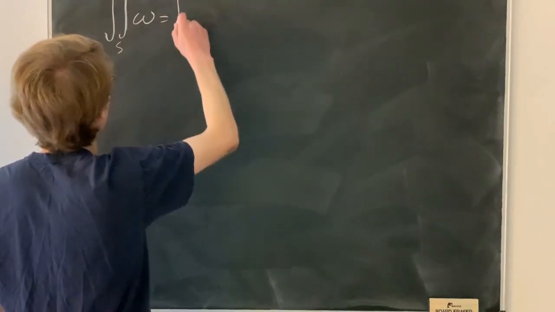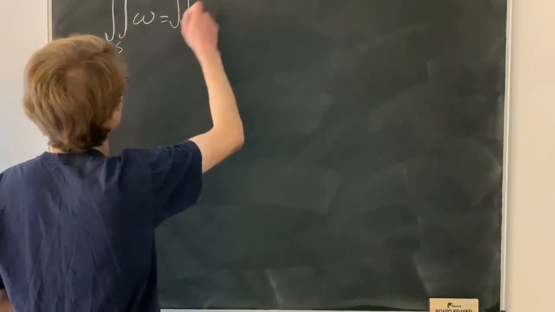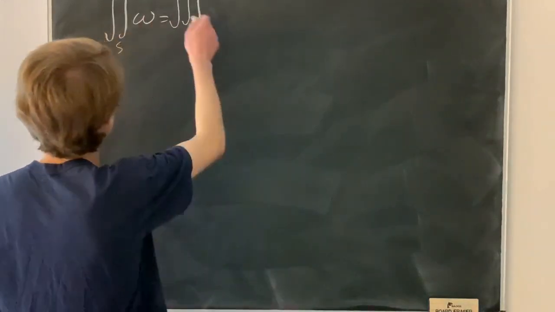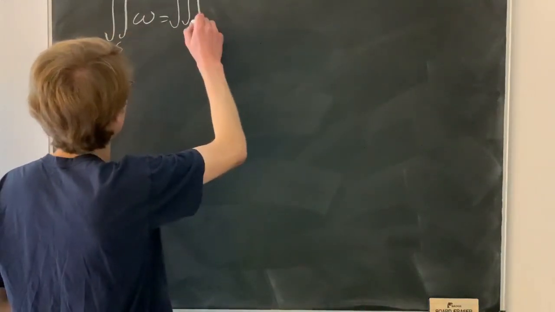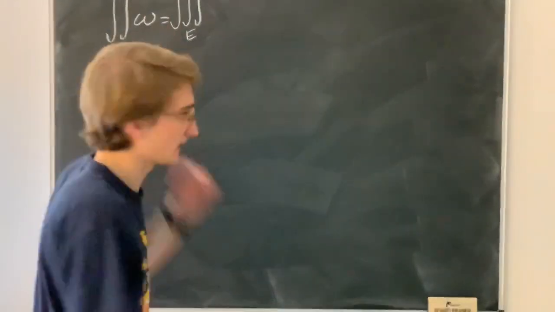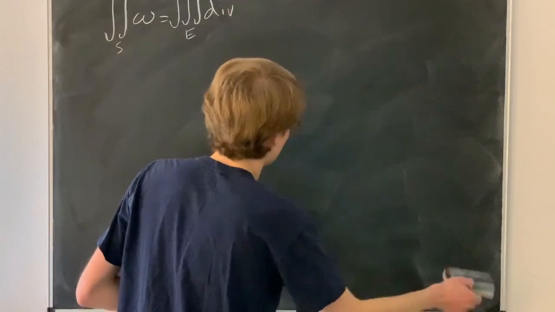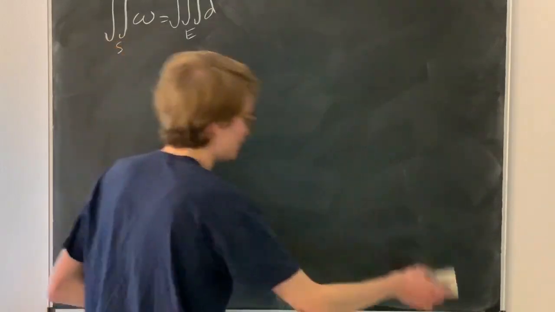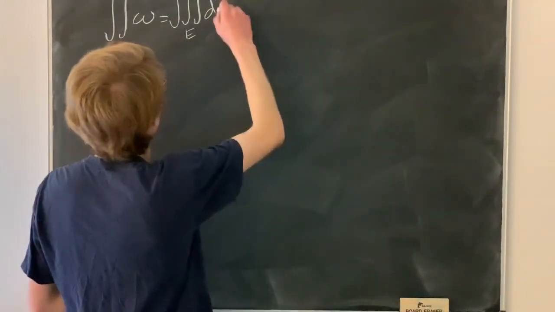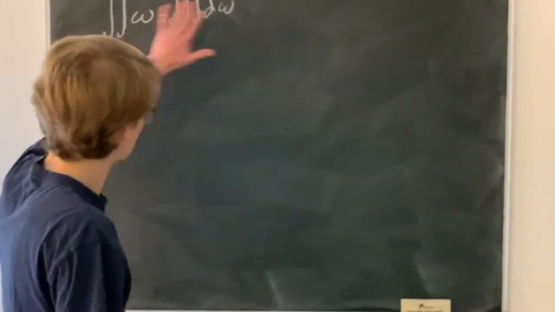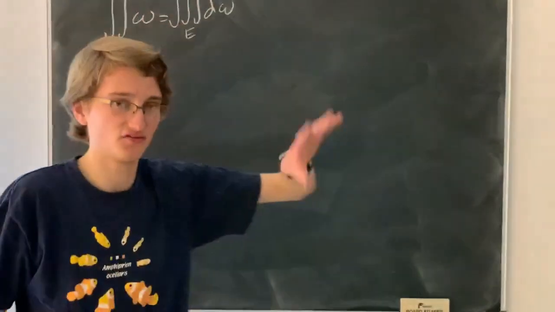Okay, and then we're going to make this one more k, so this is going to be a 3-form over E of the divergence. Oh, shoot, no. We don't know that yet. Just d omega. Okay, so this is our applied definition of the general Stokes theorem.